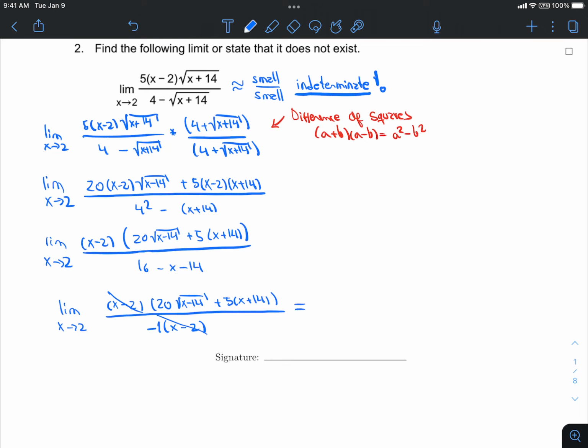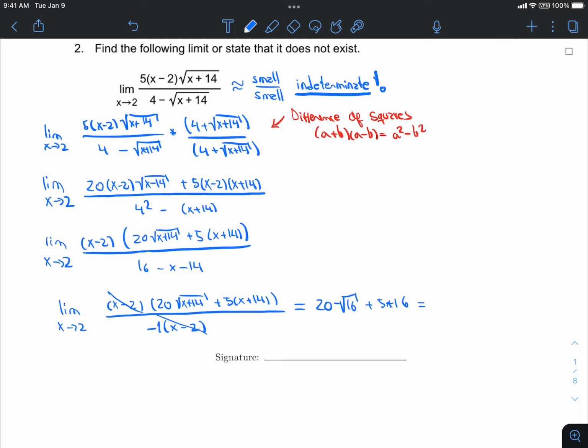And now I'm allowed to plug things in, and I will get 20 square root of, sorry, I keep writing minus 14, right? So I'll fix all of those because this is positive 14. So this is positive 14, positive 14. And now I notice that when I plug in 2, that's 16 plus 5 times 16.